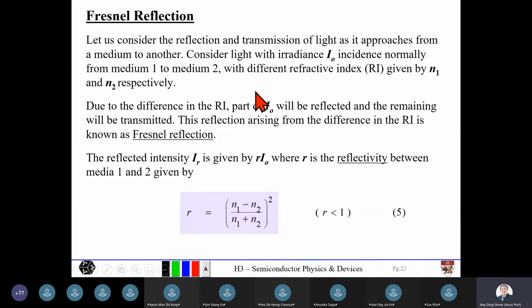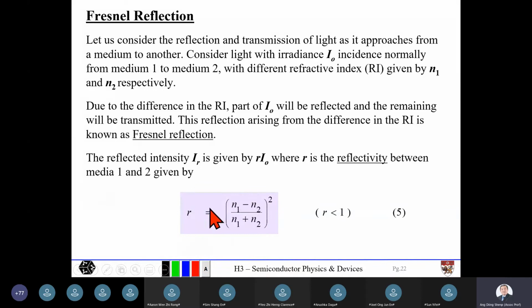A bit more on reflection. I'm not sure if you already know this. Reflection can be quantified by a parameter called reflectivity, which is defined like this: R = ((N1 - N2)/(N1 + N2))^2, where N1 is the refractive index of medium 1 and N2 is the refractive index of medium 2.